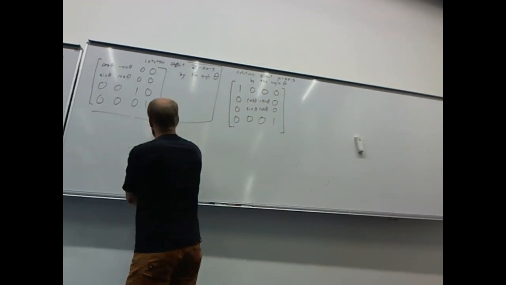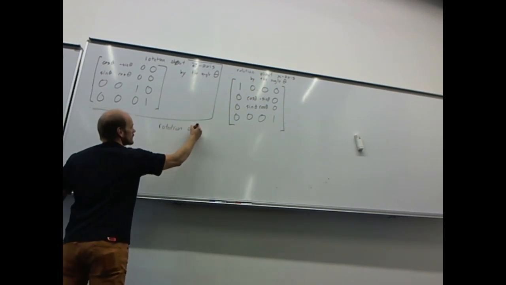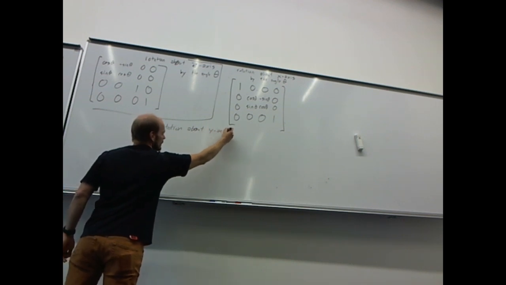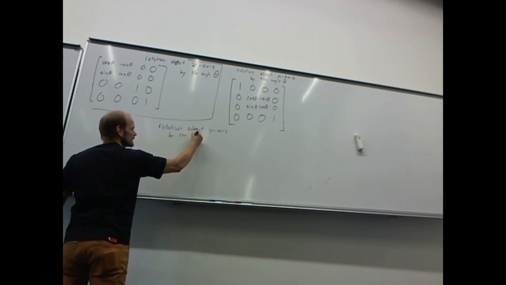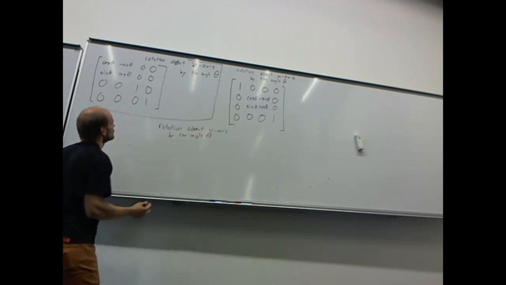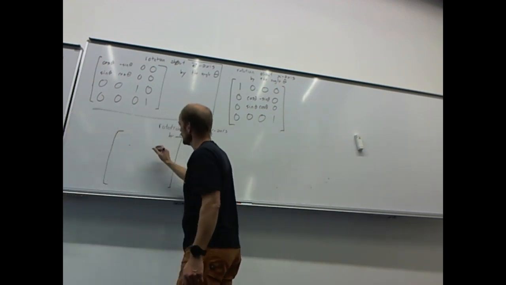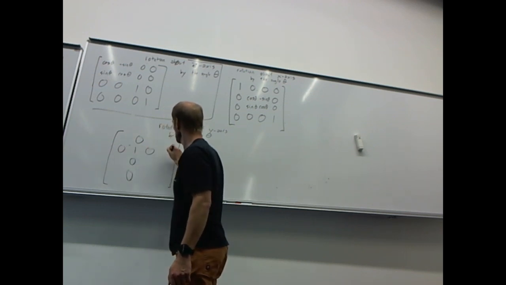Say rotation about the y-axis by the angle theta. Just do the same thing again, except now it's the second row and the second column.